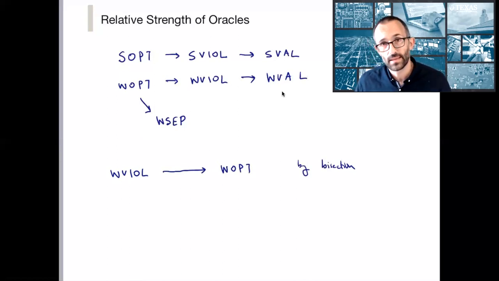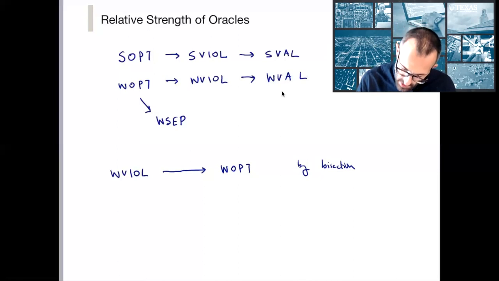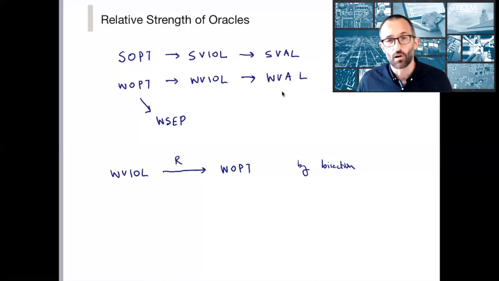We need at least to make sure that we start in the ballpark of the right answer. So certainly this is true as long as we have some side information, and I will denote the side information just by an R here. There are too many arrows here, so I'll just write it in words.